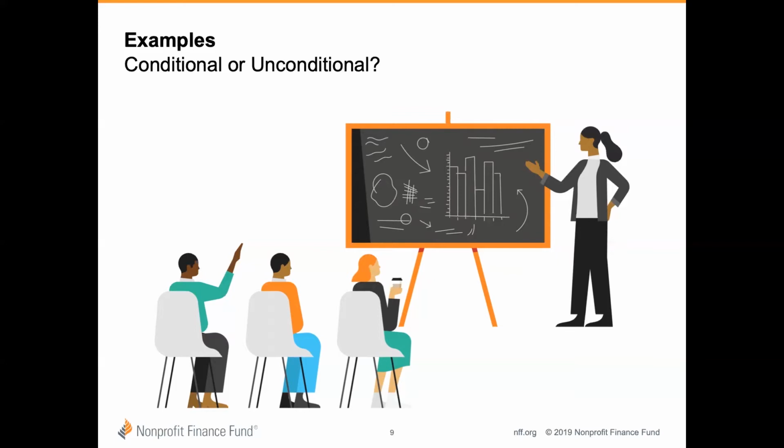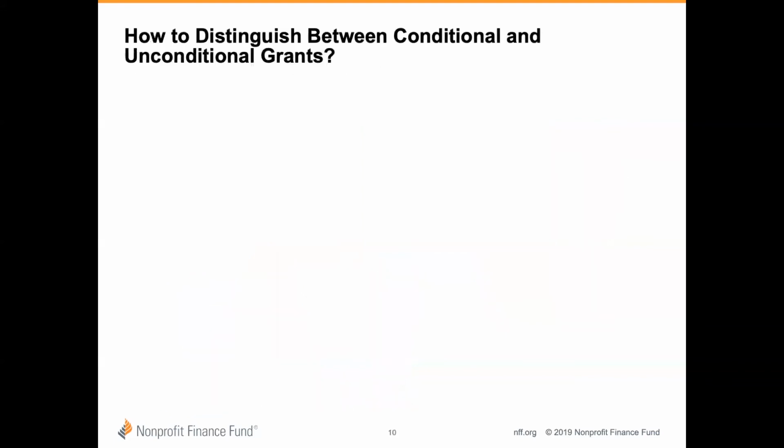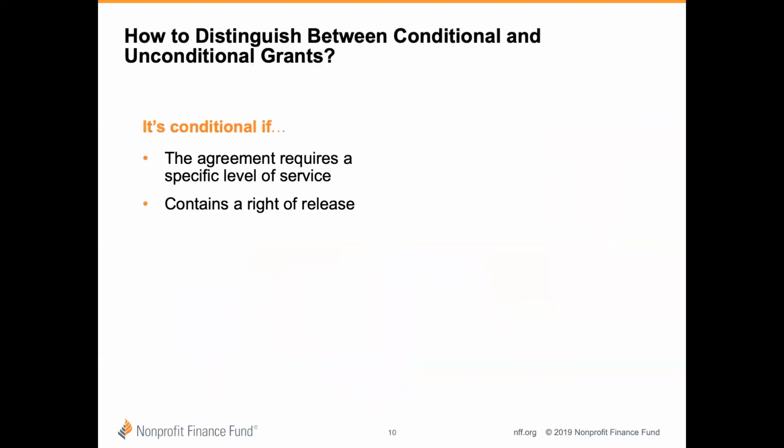There's a right of release from the obligation in the agreement, meaning that the funder does not have to give the funds to Help for Homeless Youth if Help for Homeless Youth has not met their obligation of providing training to 5 youth per month. So is this grant conditional or unconditional? Well, it's conditional.